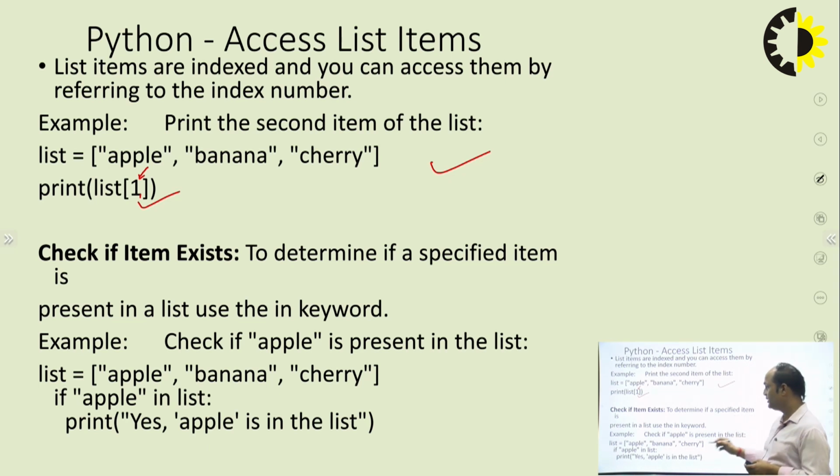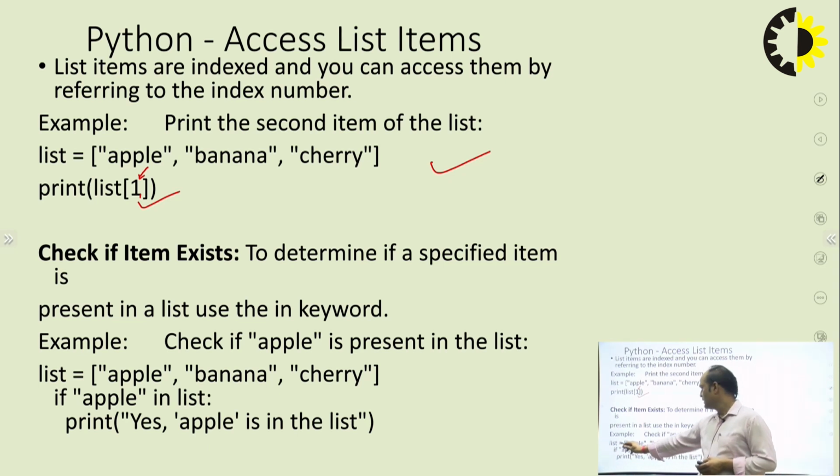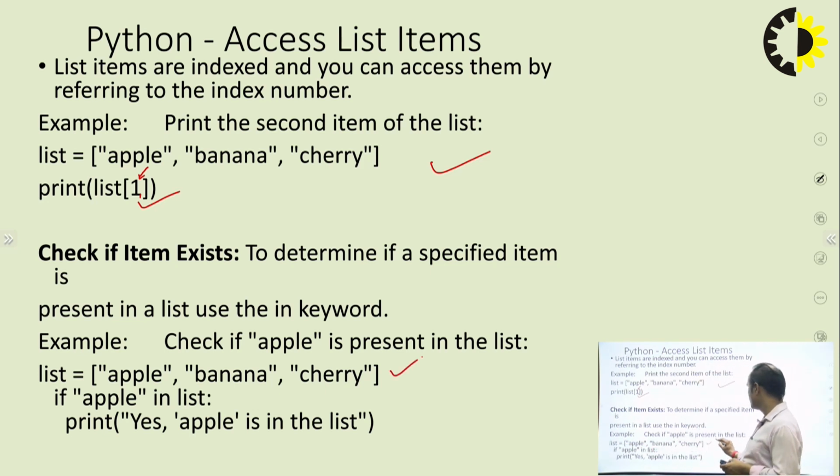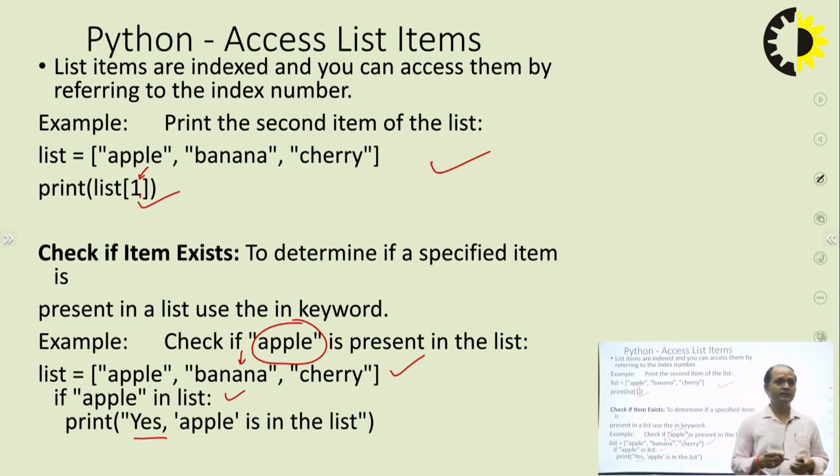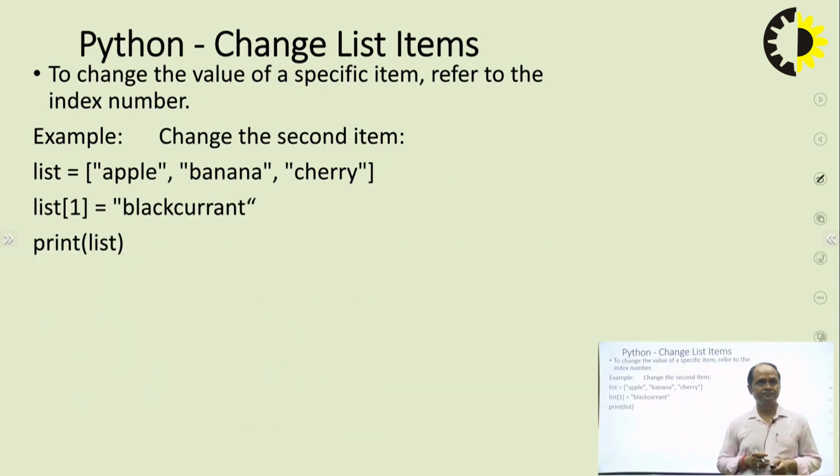We will use an if statement like this: we have searched for the apple item in this particular list, so we apply if apple in list, print yes, apple is in the list. This is the syntax to check whether a particular item is present in the list. So we can use this type of method to access the list data items.